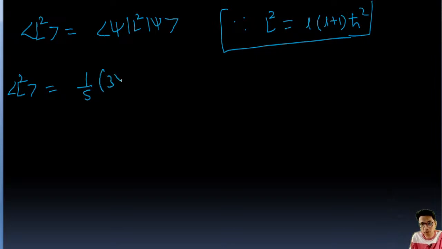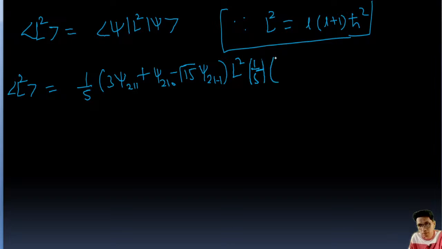Okay, so 3 psi 2 1 1 plus psi 2 1 0 minus root 15 psi 2 1 minus 1, then L square, and this value is again going to be 1 upon 5, the same value: 3 psi 2 1 1 plus psi 2 1 0 minus root 15 psi 2 1 minus 1.